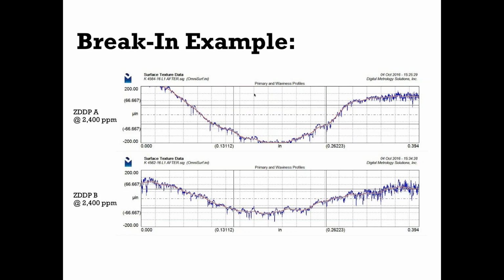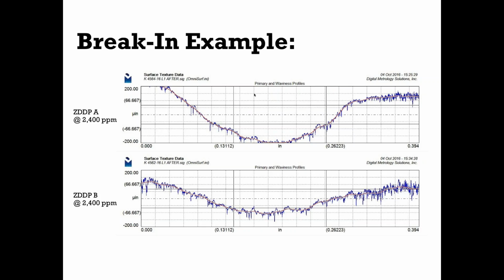And as you can see right here, there is a variance in how they work. So you can have the same amount of ZDDP, 2,400 parts per million, but the results can vary when you look at the amount of the wear patch. That's a tool that allows you to see variances, something you wouldn't normally be able to see without using the profilometer to look at that small area.